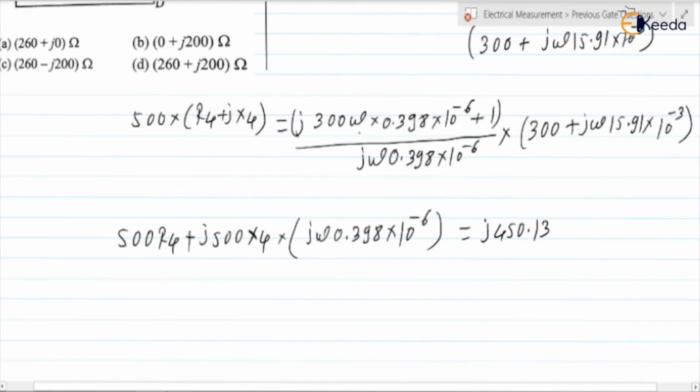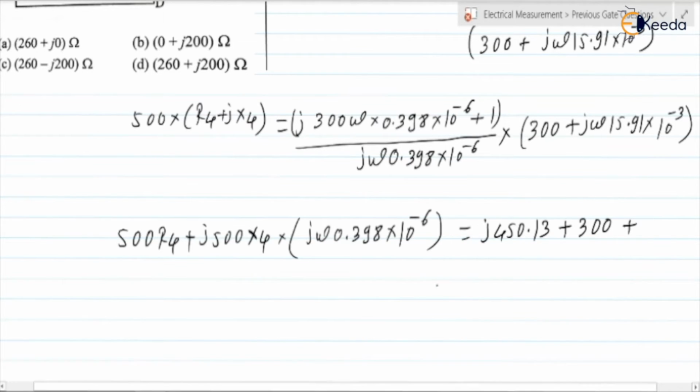So it is equal to j 450.13, right. Next, plus 300, plus, now we need to multiply with this term to this bracket. So it will be like 300 into 4000 into pi into 0.398 into 10 to the power minus 6, into 4000 into pi into 15.91 into 10 to the power minus 3.